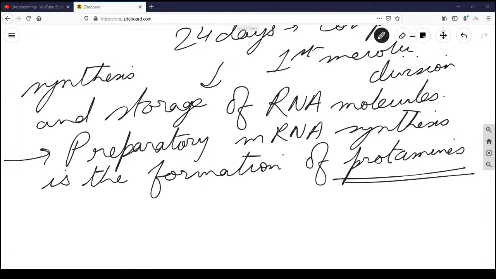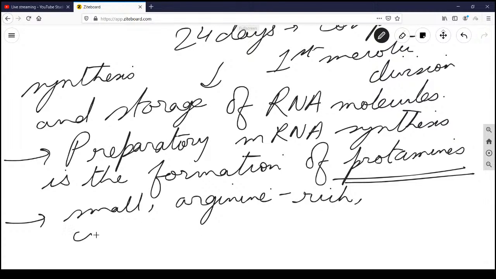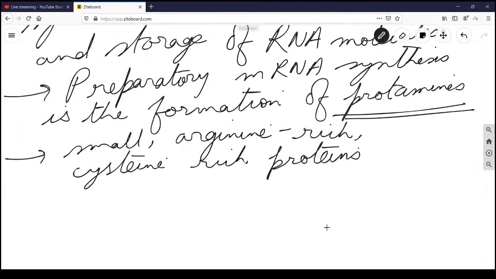Protamines are what? They are small arginine rich and cysteine rich proteins. Very, very important. They are very small polypeptides, arginine rich and cysteine rich proteins that replace the lysine rich nuclear histones.